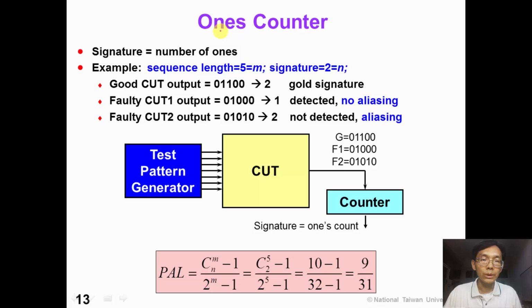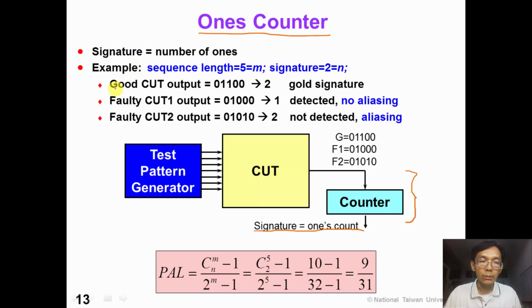In this slide, we show a more sophisticated ORA, the ones counter. As is shown in this figure, we use a counter as the ORA. This counter counts the number of ones in the CUT output response, so the signature is equal to the number of ones in the output.